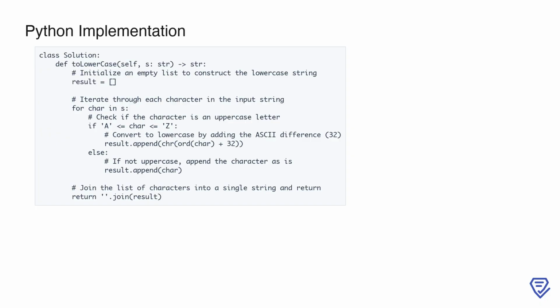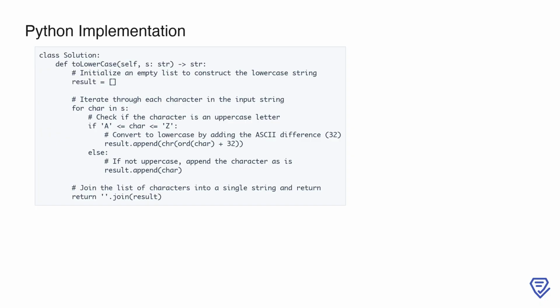3. Character processing. For each character in the string s, a check is performed to determine if it is an uppercase letter, 'A' <= char <= 'Z'. If the character is uppercase, its ASCII value is converted to lowercase by adding 32, the difference between uppercase and lowercase ASCII values. The transformed character is appended to the result list.